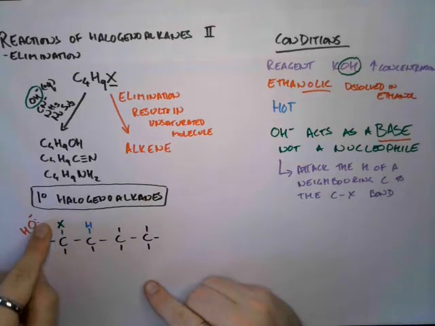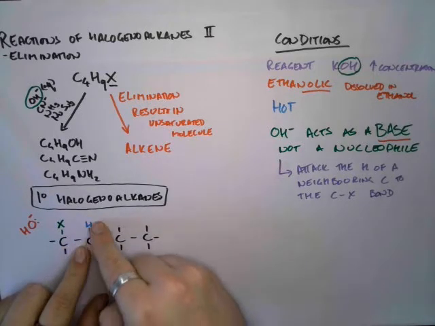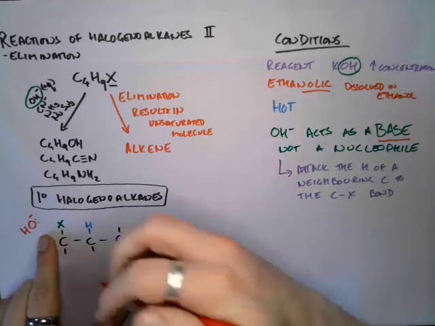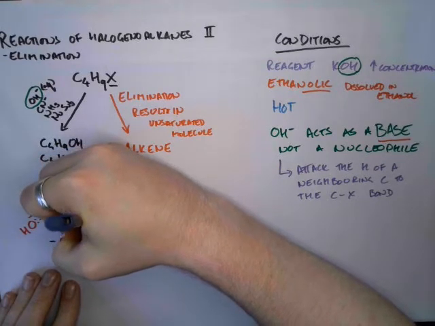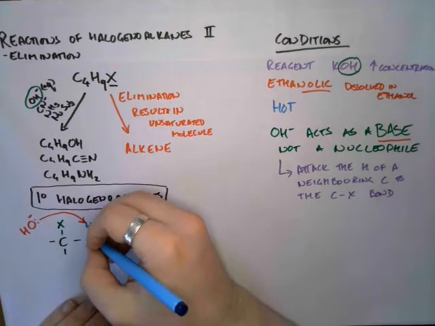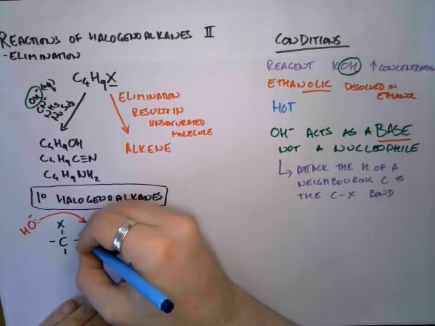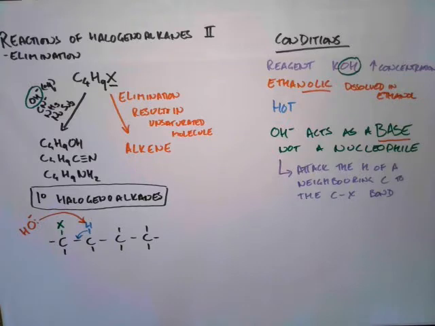So we can see here's my CX bond. This is the neighbouring carbon, directly next to it. This is one of its hydrogens. And the lone pair here is going to come across and attack that hydrogen. As a result of this, the electrons from this hydrogen are going to fall back into the bond between the CX carbon and the neighbouring carbon.